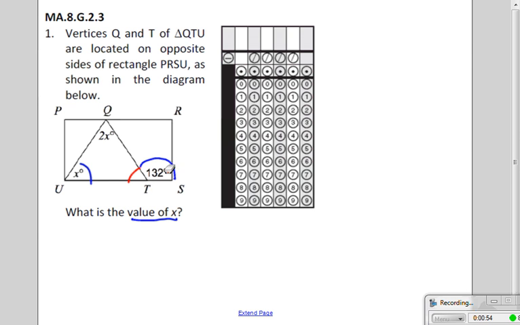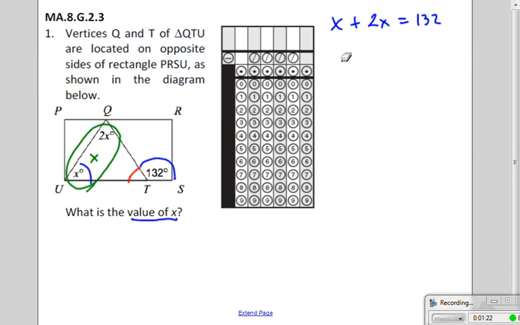But what it also is, it is congruent or equal to those two angles there. So the sum of those two equals the exterior angle. So in mathematical terms, x plus 2x equals 132. That's the problem that you have to solve.